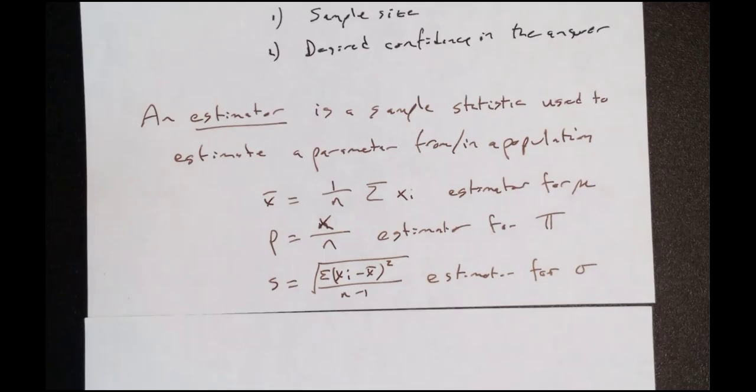Now, the process of inference is where I draw a conclusion about my population based on a sample statistic. We talked back in chapter 4, where we did mean and mode and median and quartile. We talked about descriptive statistics. Most of what we're doing from here on out is usually referred to as inferential statistics.